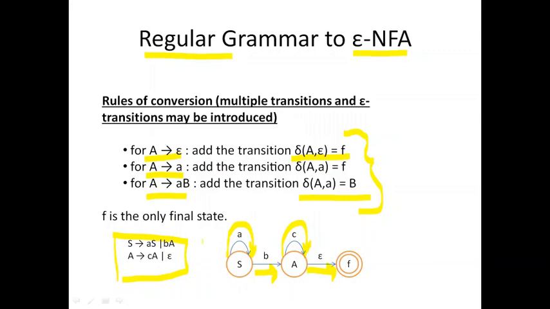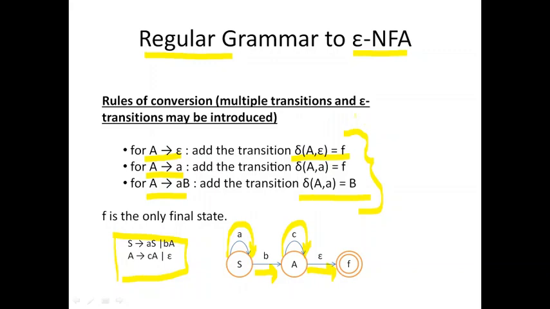You have to be careful that what we are constructing is an epsilon NFA. The reason why we get an epsilon NFA is that there is a chance that multiple transitions might be introduced. The transitions need not be unique, so naturally what you might be constructing is an NFA.